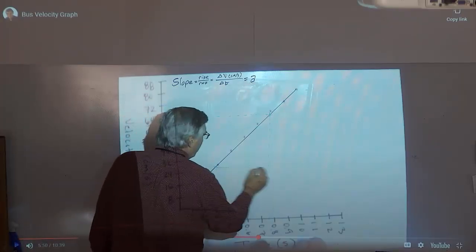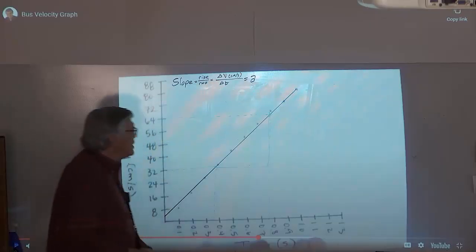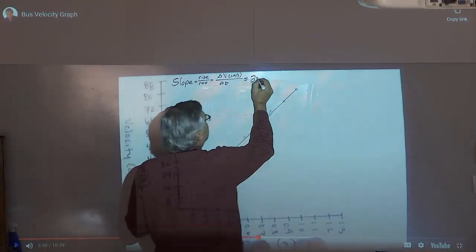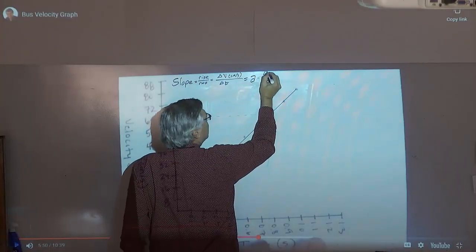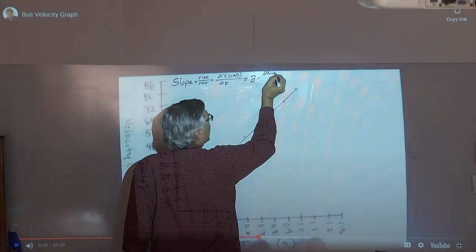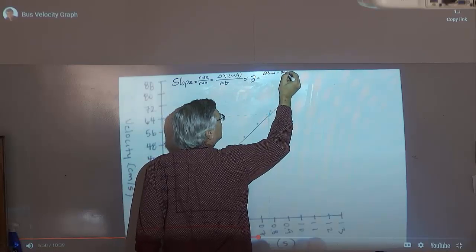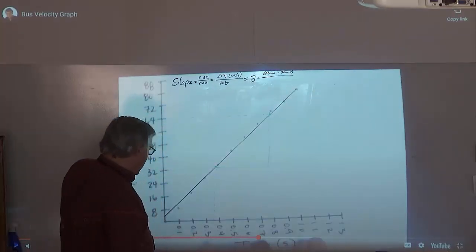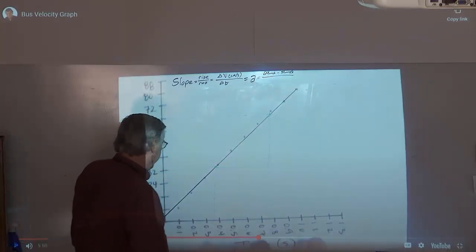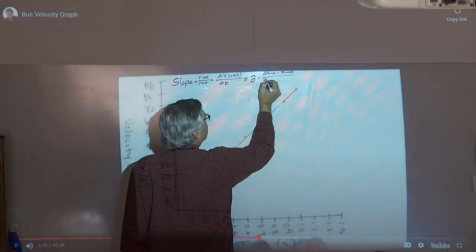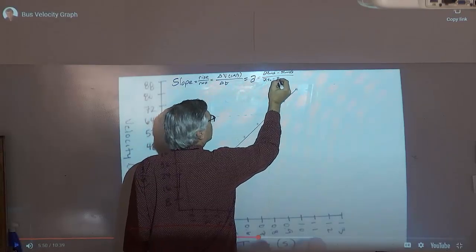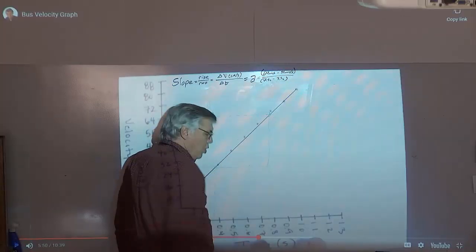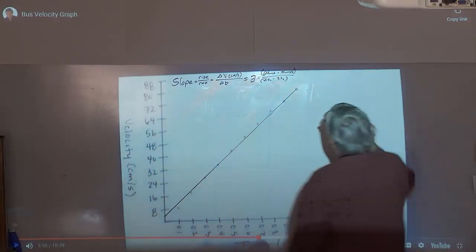So my slope right here, my rise over my run, I'm going to go on and calculate that. So that's going to be equal to 64 centimeters per second minus 32 centimeters per second divided by, what is that, 7.5 seconds minus 3.5 seconds. I'm going to put that in parentheses so I don't screw up my calculations when I put it in the calculator.